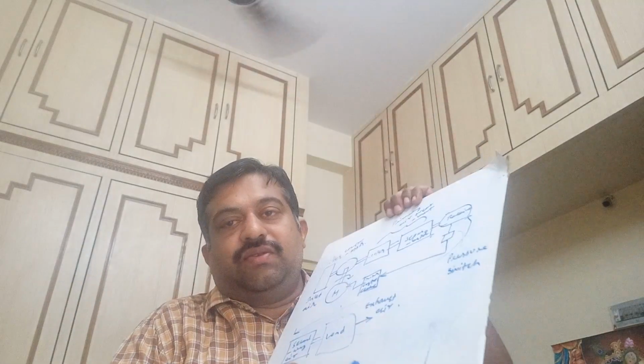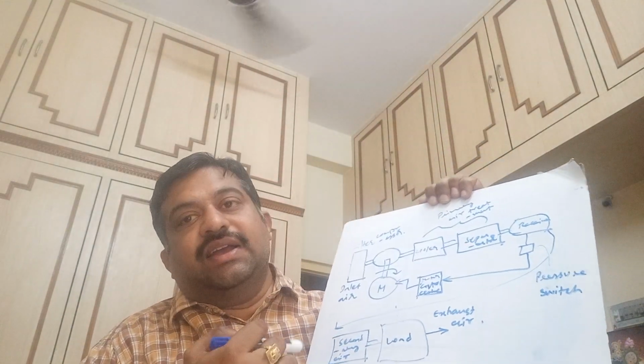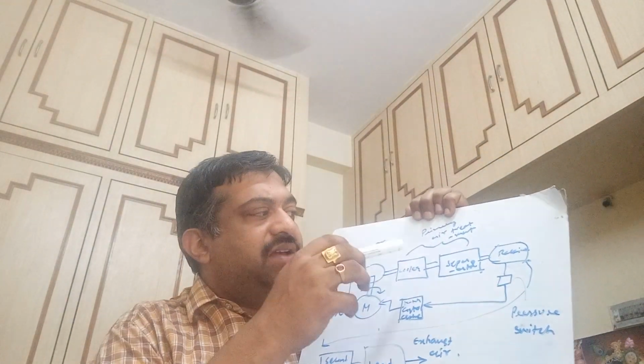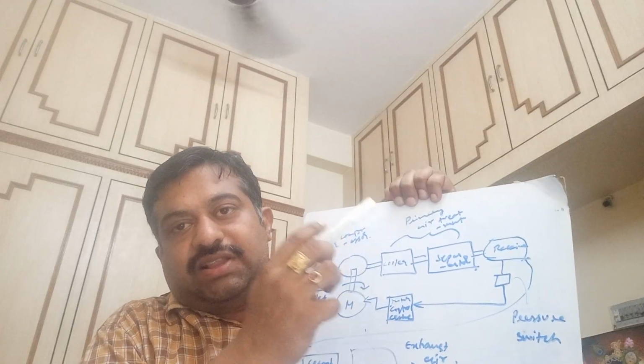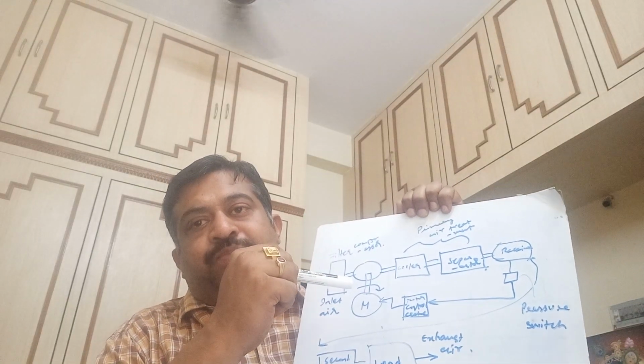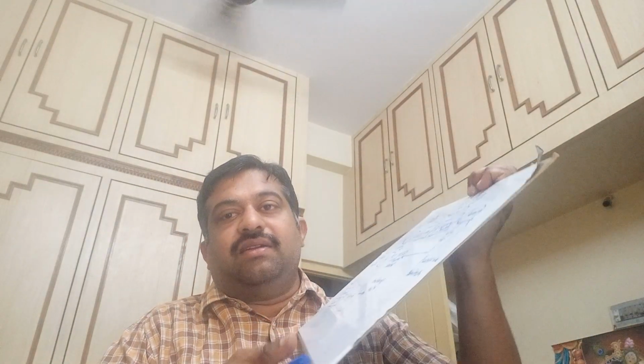What we remove with oil is called secondary air treatment, and with humidity, that is called primary air treatment. So that is the main part: what the primary treatment is, and what the secondary treatment is.